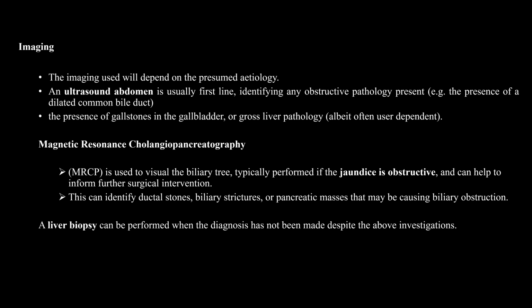Imaging usually depends on the presumed etiology. Ultrasound of the abdomen is usually the first-line investigation to see if pathology is present. It shows the gallbladder and liver pathology. MRCP, magnetic resonance cholangiopancreatography, is typically performed in jaundice.